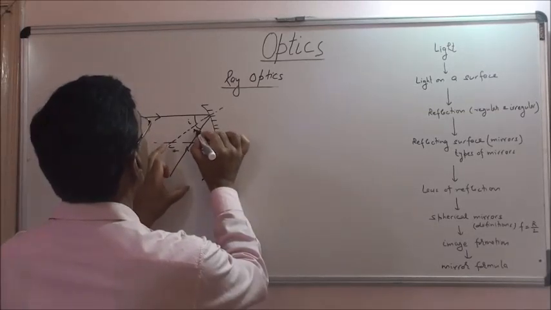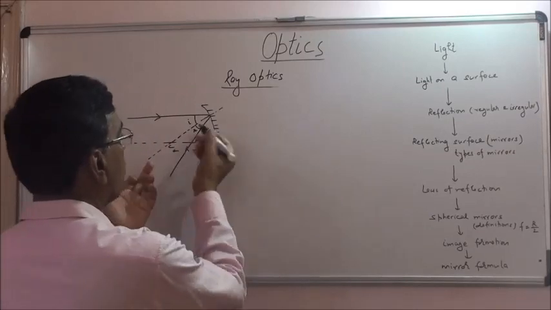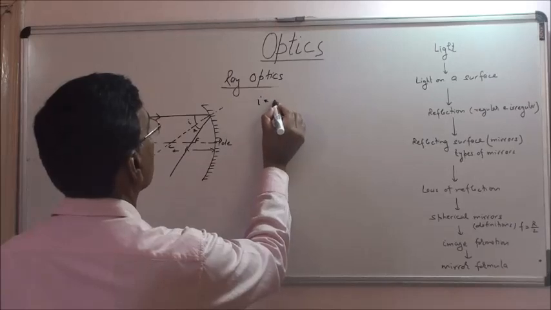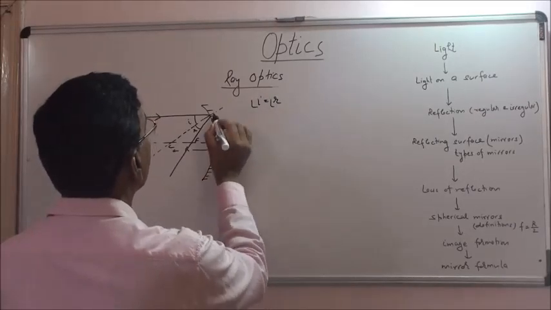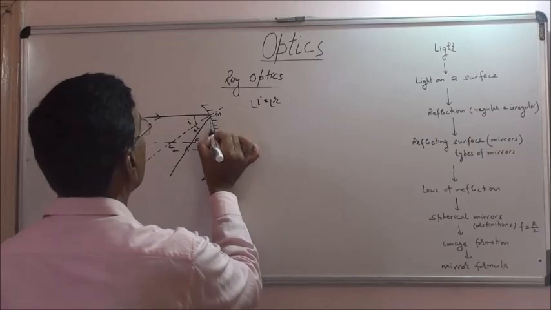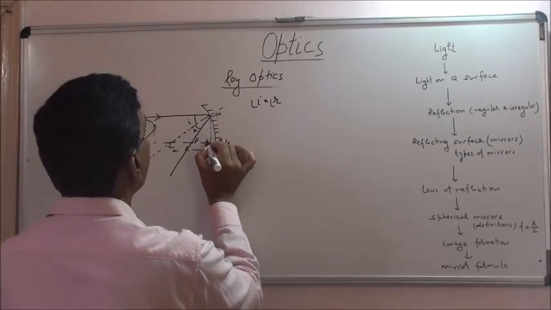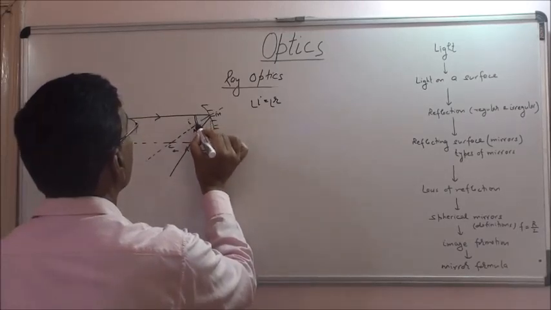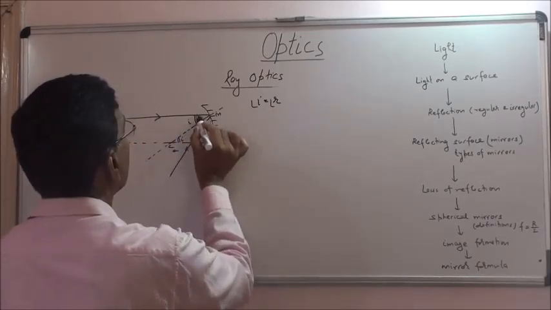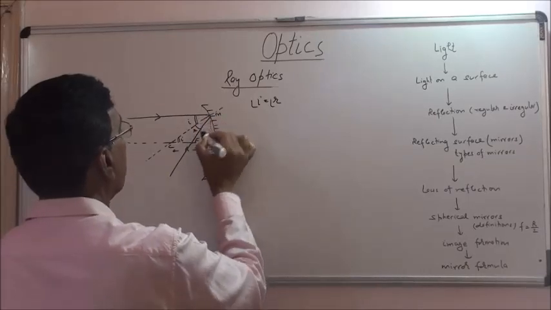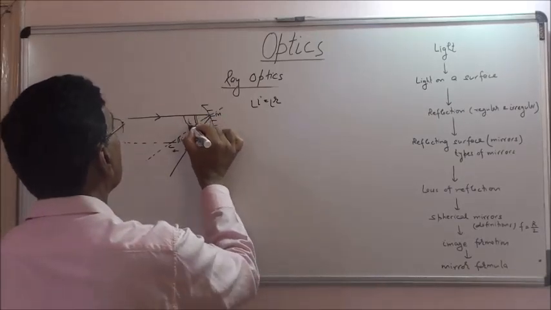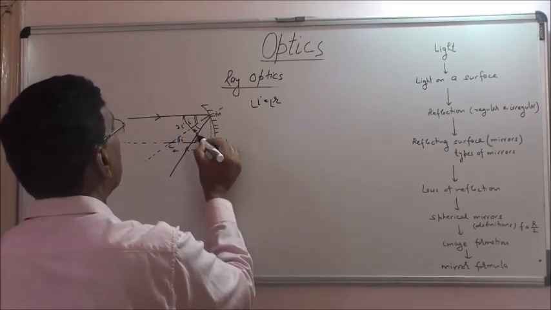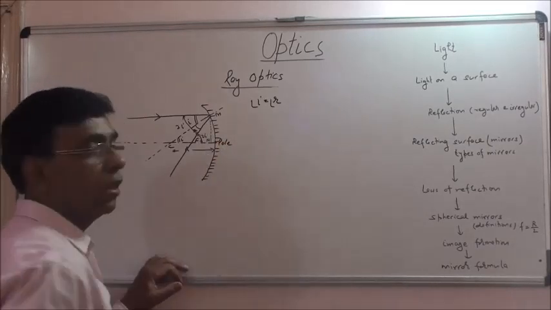This is R, and I can even call it I. I is equal to R. Let us name these points P, N. If this angle is I, then this is also I, and this total is 2I, so this will also be 2I.